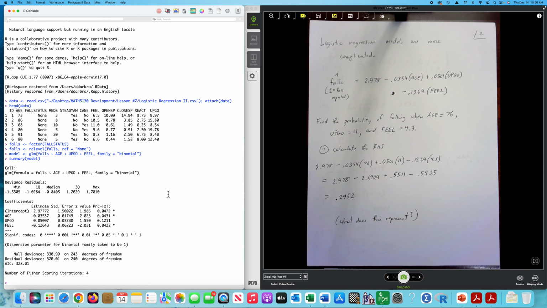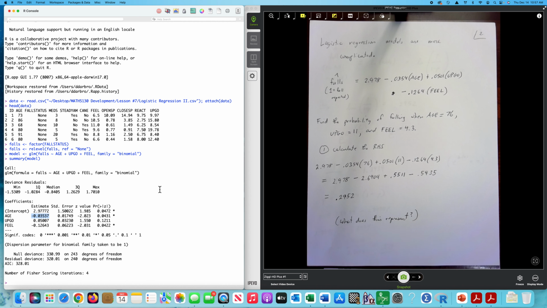Not so much with logistic regression. With logistic regression, it's much more complicated. So the model I have calculated over to the left says that we can predict falls. And remember, 1 is reported as a fall and 0 is reported as not fall, right? So I have the coefficients 2.978, 0.354, 0.051, negative 1.264 that I get from my model.